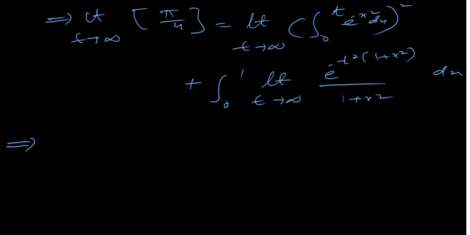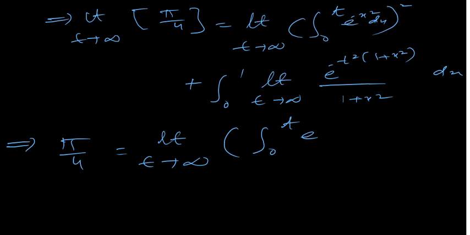This implies pi by 4 is equal to that limit plus, but the limit of this is equal to 0, that we have already seen, so it's the integral of 0, that's equal to 0.